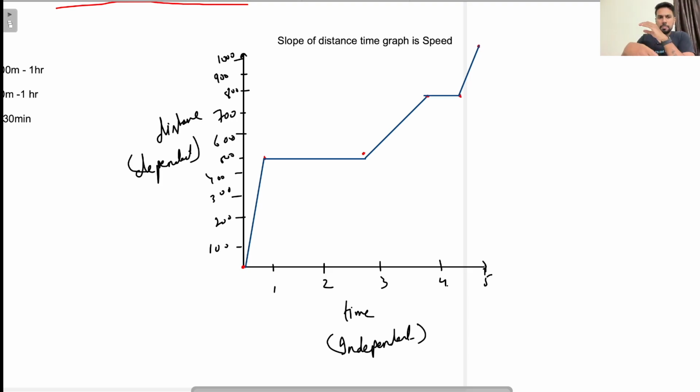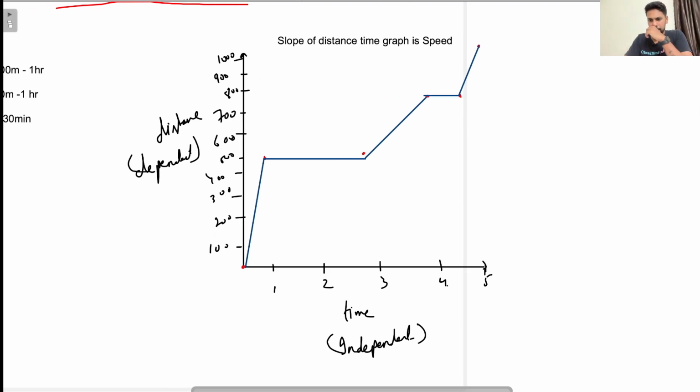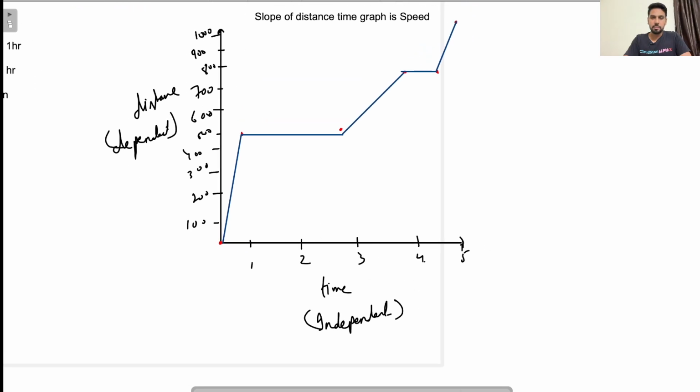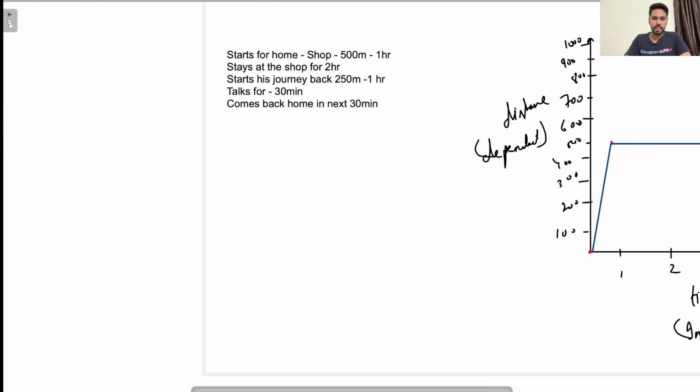Now let me make a displacement time graph for this. The displacement time graph is going to be very similar. Again, I need the points. Let's decide the points that need to be given in this case. I have two axes.